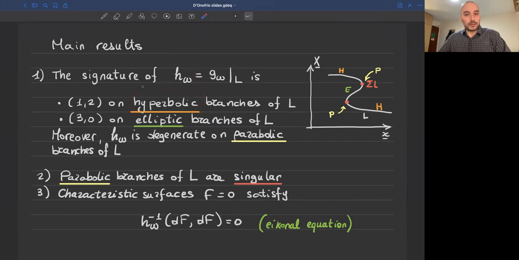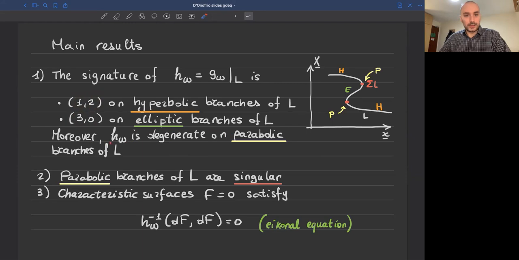It turns out that the signature of H is (1,2) on hyperbolic branches of a generalized solution, is (3,0) on elliptic branches, that is, only positive eigenvalues, and (1,2) meaning one positive and two negative eigenvalues.